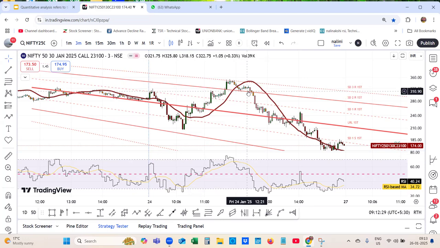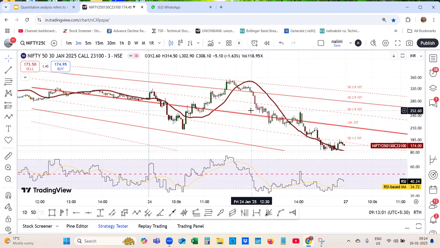You are not going to complicate your trade with that. Similarly, when you saw weakness in RSI, you could have gone for a put option and traded it. So you can build your own strategy with the help of this linear regression channel.